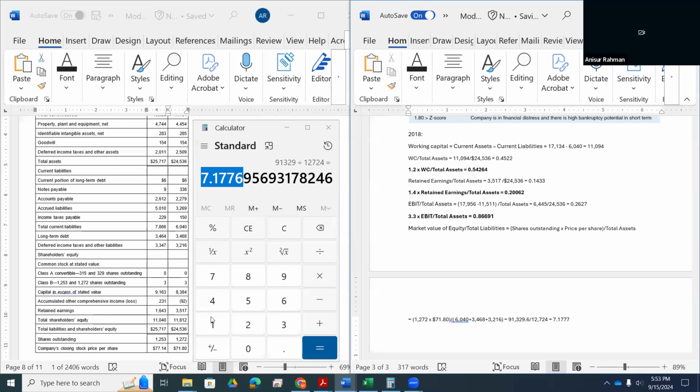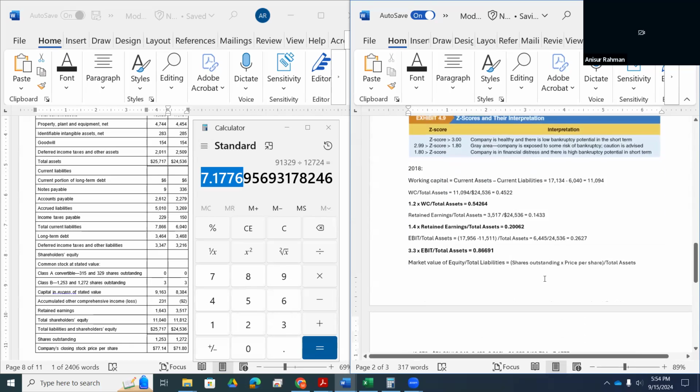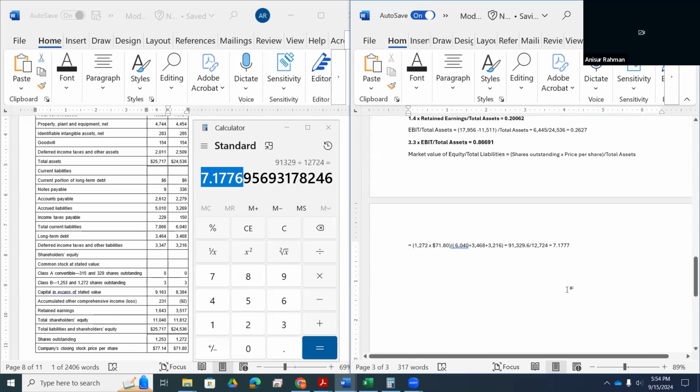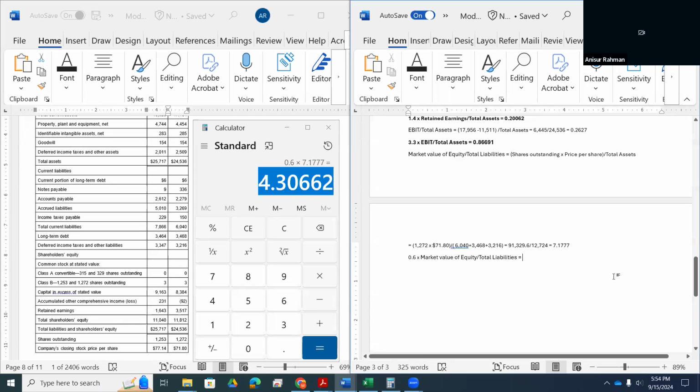Now we'll multiply this number with 0.6. Okay.